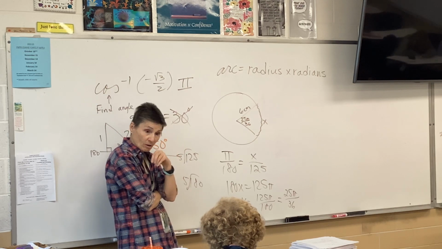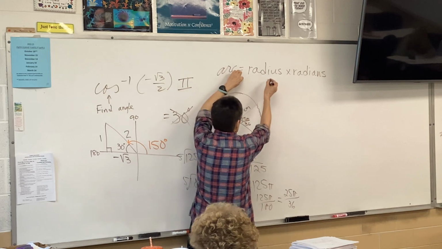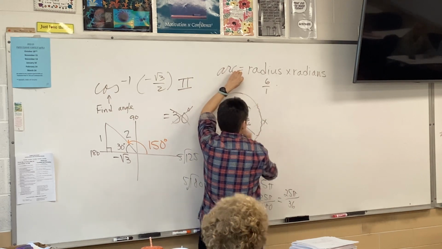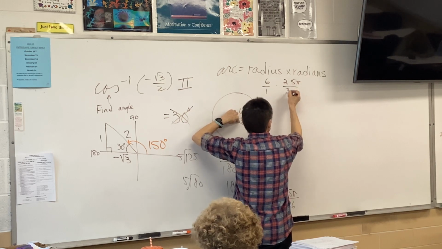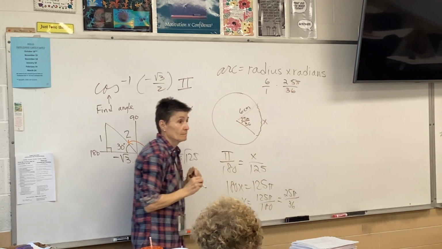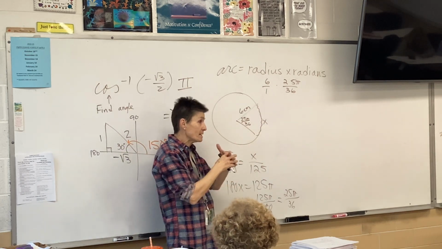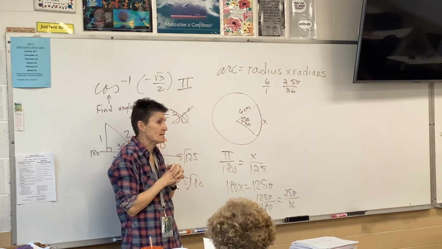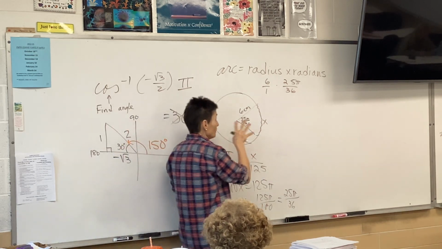Now I can find my arc length, because arc length is your radius times your radian. So once you get your angle to be a radian, then you just multiply it by the radius and you're done. Okay? So we use a couple different ways.